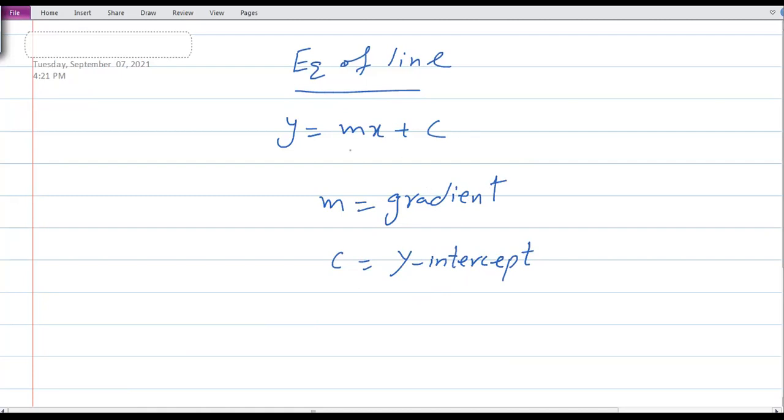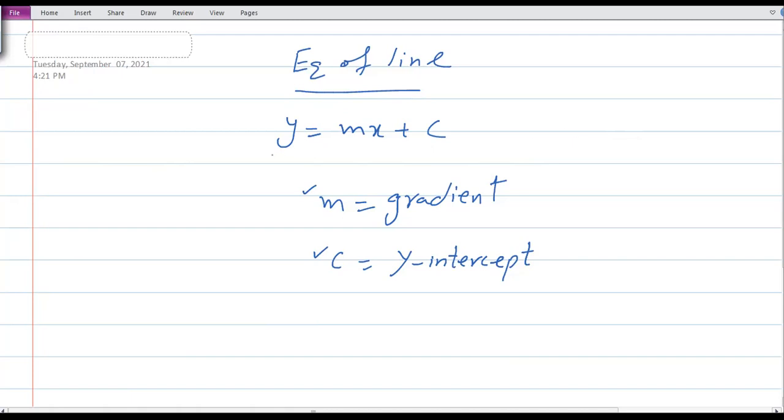Now, it means if you have to find the equation of a line, you need only two things: the gradient and the y-intercept. If you know these two things, then you can easily find the equation of a line. Now, there can be different situations.